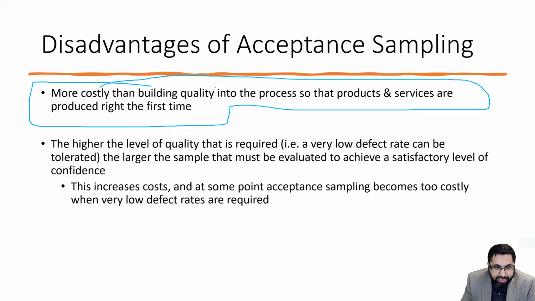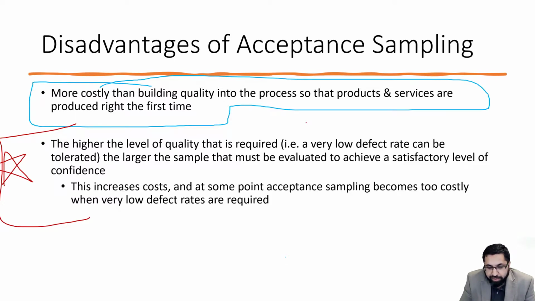And then this is the second one, the major problem I have, which I feel is more important with acceptance sampling. It doesn't scale well as your quality improves, because as you improve your quality, your defect rate falls. The lower the defect rate, the bigger the sample size you need to be able to catch any defects with acceptance sampling.